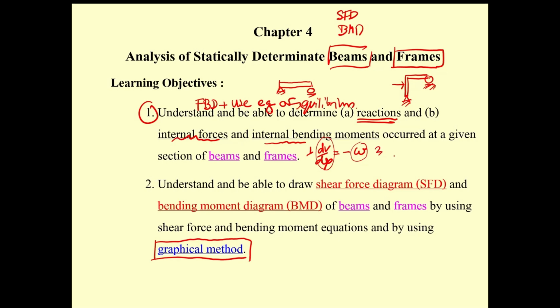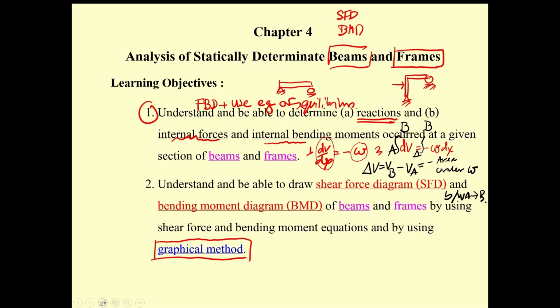Then this equation can be rewritten as the differential of shear force, dV, equal to minus distributed force w dx, and then use mathematics to do the integration from A to B. This is going to be V sub B minus V sub A. Or you may call it the difference of the shear force is going to be equal to the negative of the area under w between A and B.